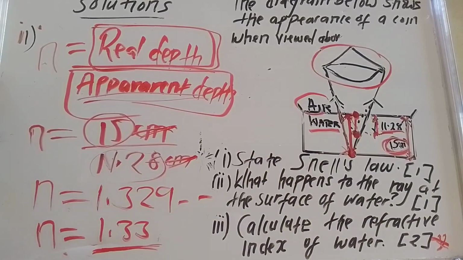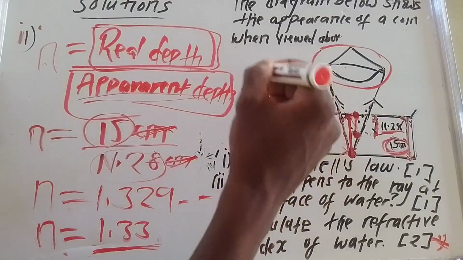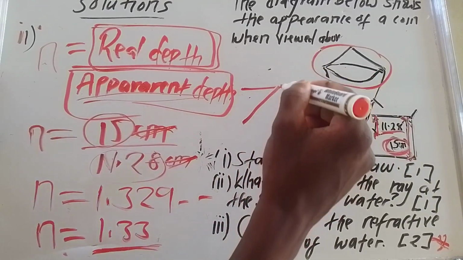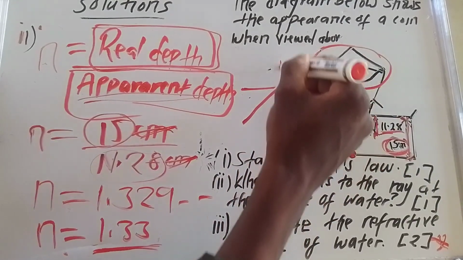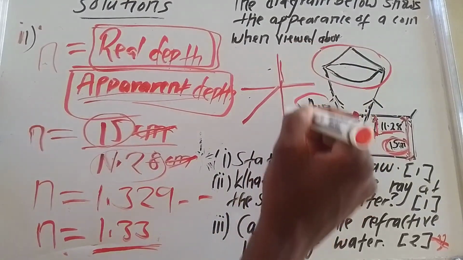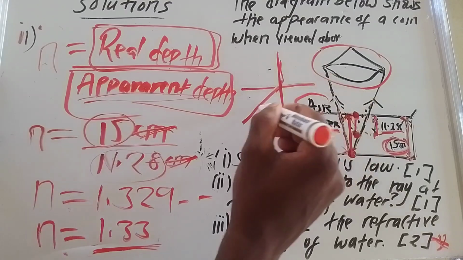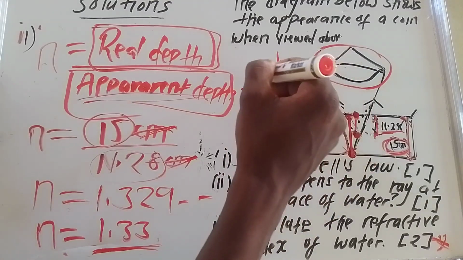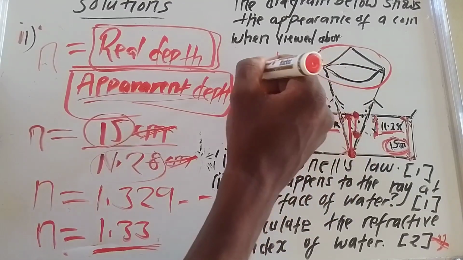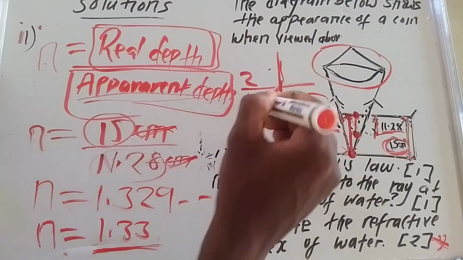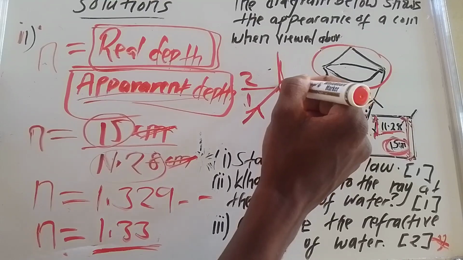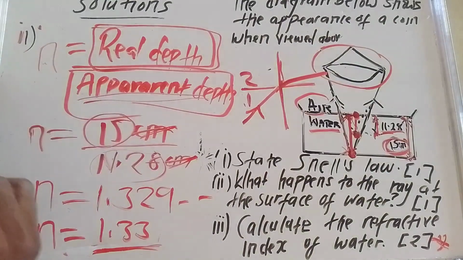And then the other point which you need to know is that whenever a light ray is coming from a denser medium to a less dense medium, that light ray is always going to refract away from the normal. So this is the normal ray. This medium 1 is a denser medium, medium 2 is a less dense medium, so this ray is going to refract away from the normal.